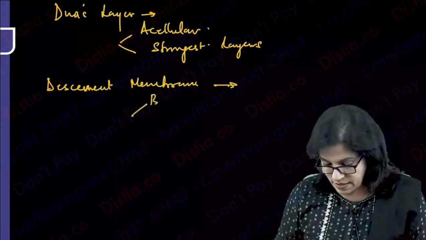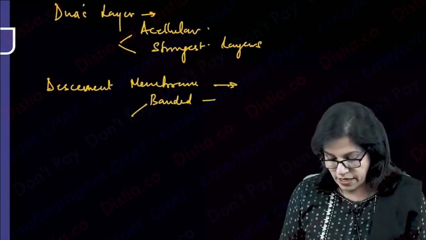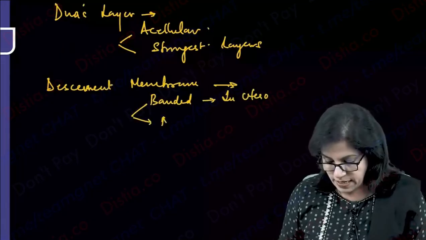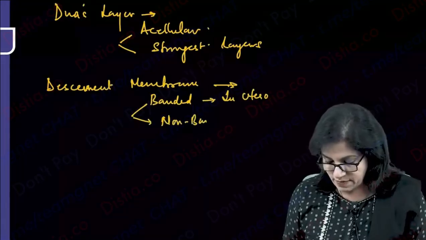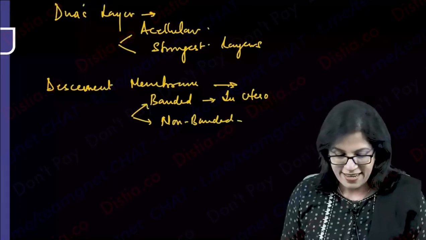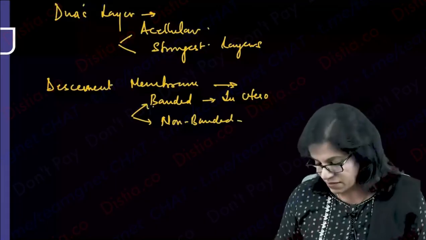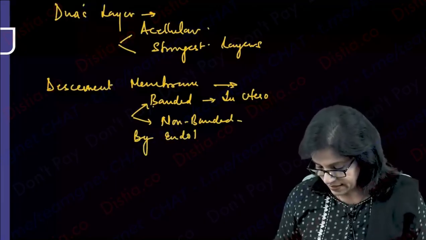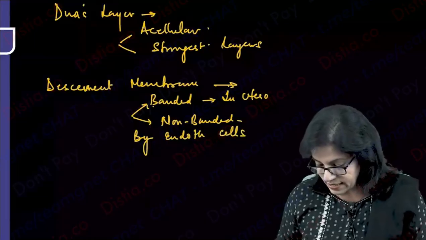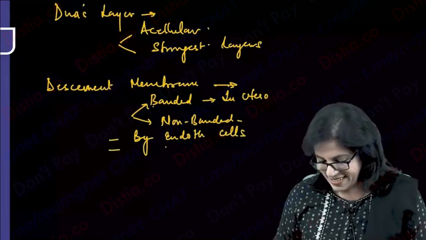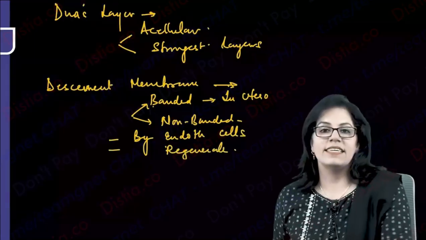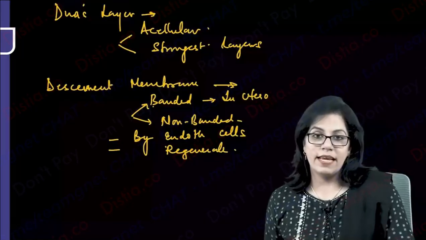The banded part is already laid down in the uterus, and the non-banded part is secreted by your endothelial cells. This is formed by endothelial cells, and this is the part which will regenerate. Keep this in mind.